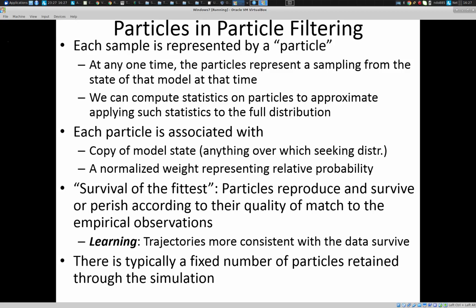So each particle is associated with a complete copy of model state. This is what I commented on as a hypothesis about model state.